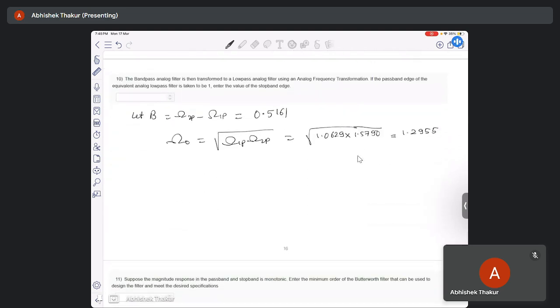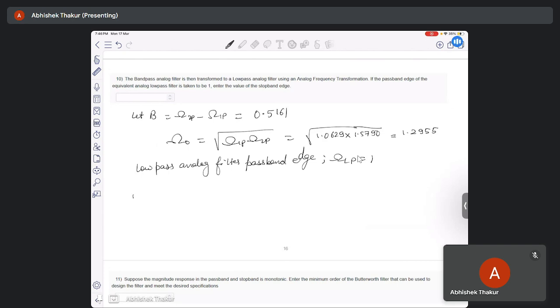So we are given the low pass analog filter passband edge is omega LP is equal to 1.